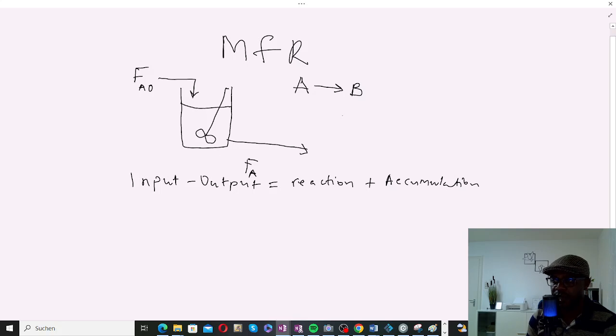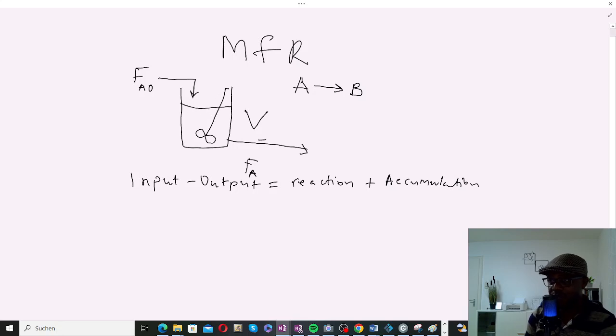But for a mixed flow reactor, there's no accumulation. What we have is a constant volume. So the volume is constant. We call it volume V. It's not the volume of the total reactor, but the volume of liquid inside the reactor.